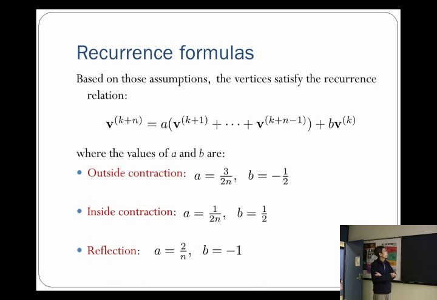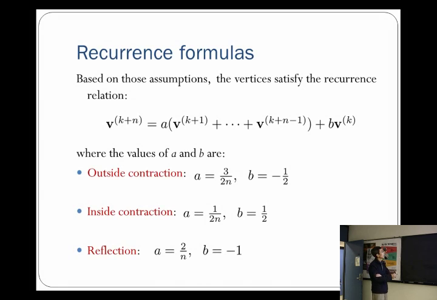So we have two parameters, a and b, and they depend on what operations we use. If we use outside contraction, then a will be 3/2 and b equals -1/2. Now, if we always use inside contraction, we have different a and b values. If we always use reflection, we have different a and b values.